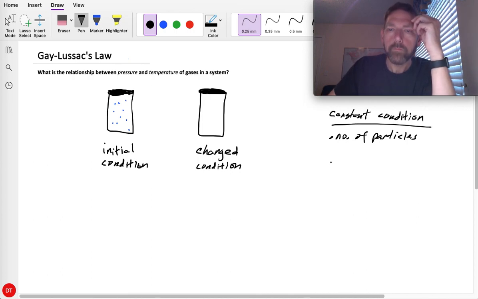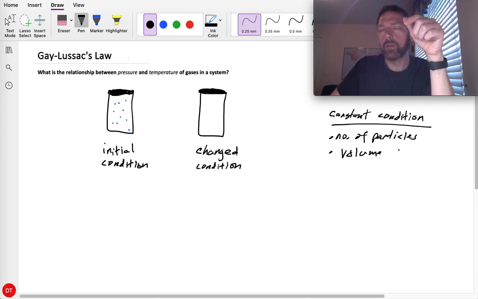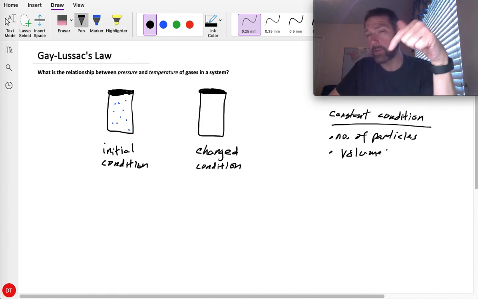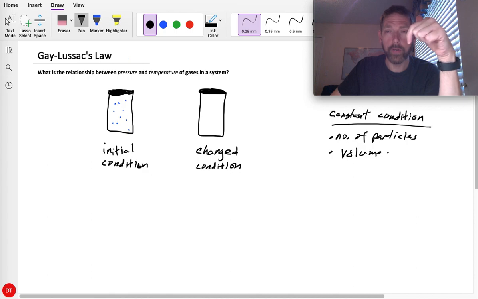And then we also want to assume that the volume is constant. However much gas is there, none of that gas is escaping and no other gases are coming in to the container that would be interacting with what's already there. So we're going to keep this number 10 as is, so there are no changes.